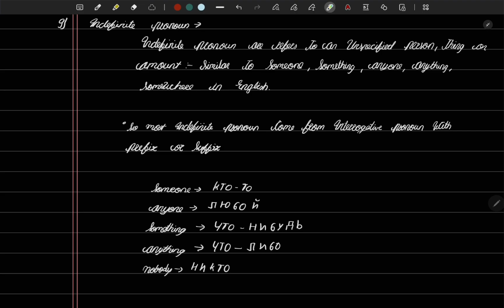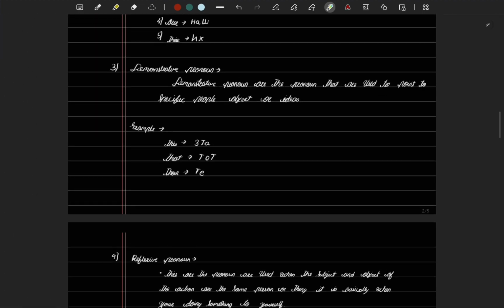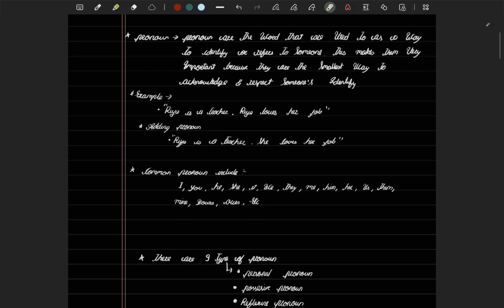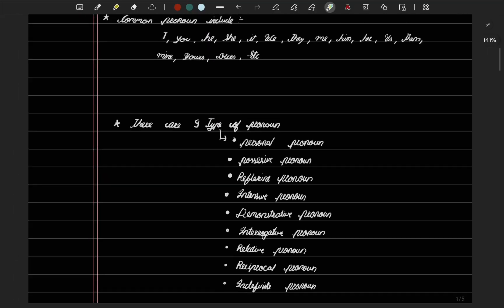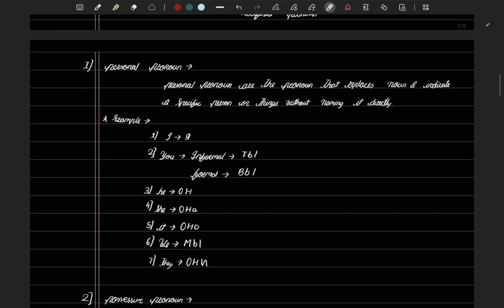So these are all the nine pronouns we have learned right now. I think we should revise them once again. The first one will be the personal pronoun. These are the pronouns that replace a noun and indicate a specific person or thing without naming it directly.